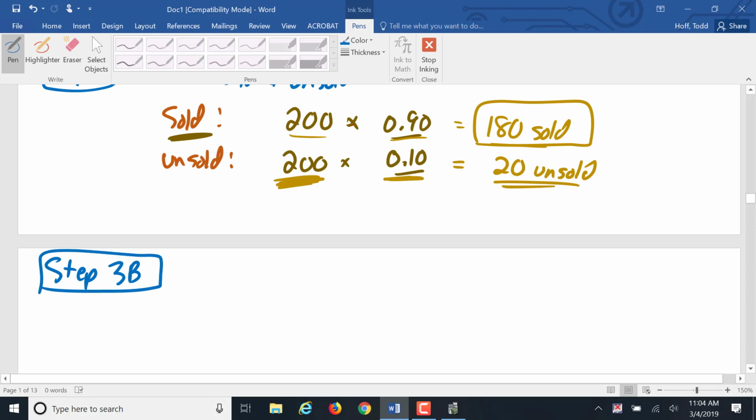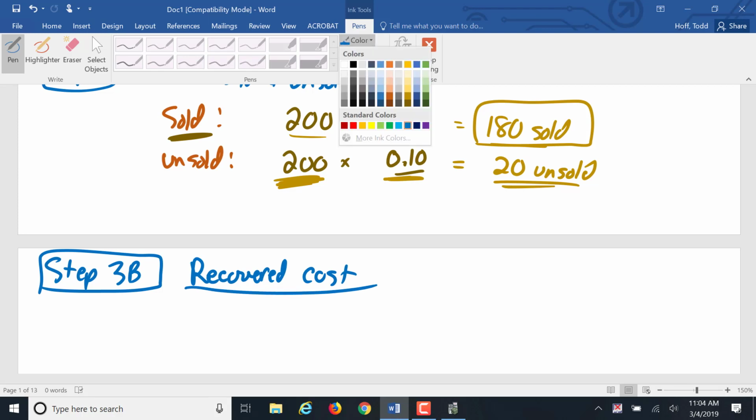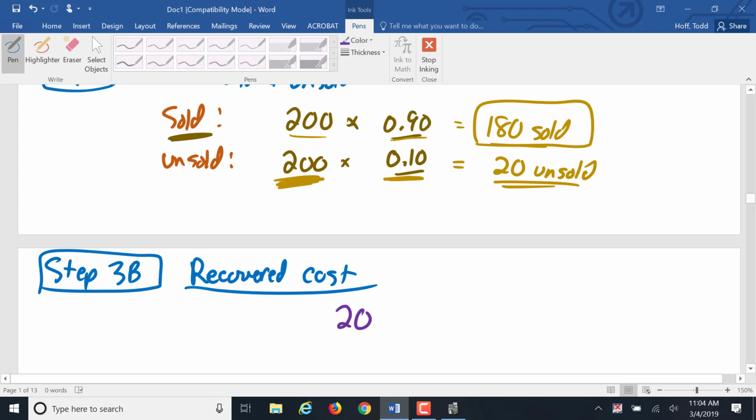We have to find that recovered cost. So we had those 20 that went unsold, but we got 10 cents each for them, which gives us $2 of a recovered cost.